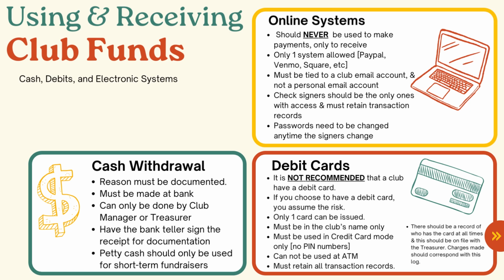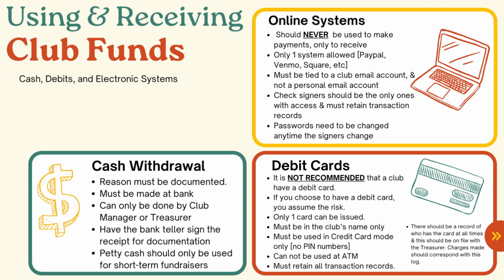That system can be something like PayPal, Venmo, or Square. It must be tied to a club email account, not a personal email account. The check signers should be the only ones with access and must retain transaction records. As the signers change, passwords for these systems should also be changed.